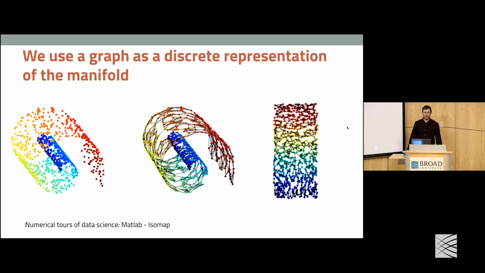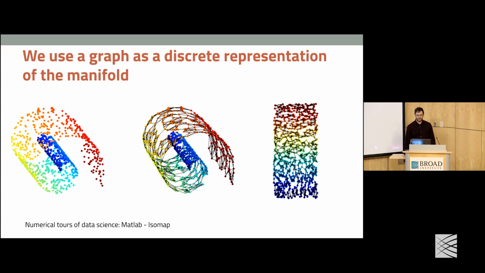Okay, so the manifold is this complicated high-dimensional object, and we're not going to try to parameterize that exactly. What we do instead is use a graph as a discrete representation of the manifold. So on the left, we have points sampled from the manifold, and we connect points that are nearby each other in the high-dimensional space with edges to make a graph.